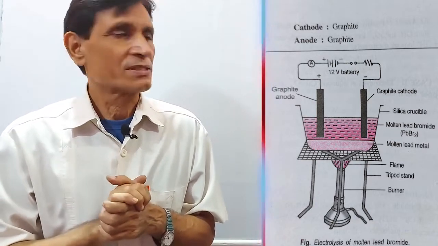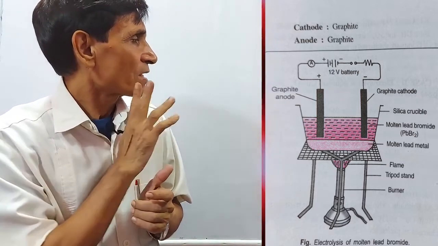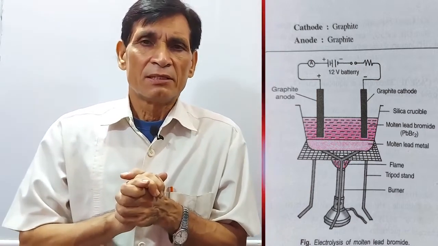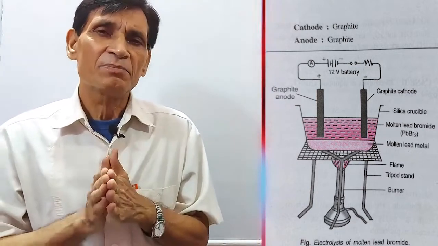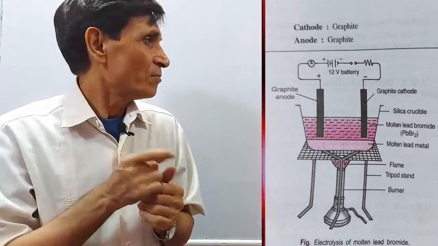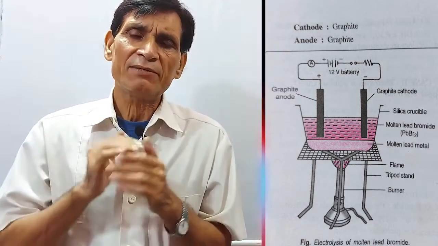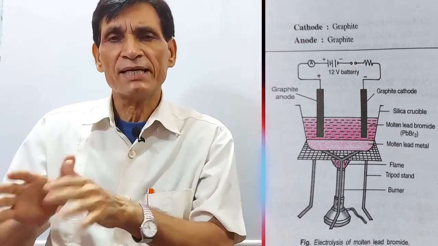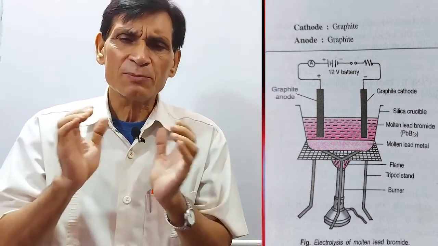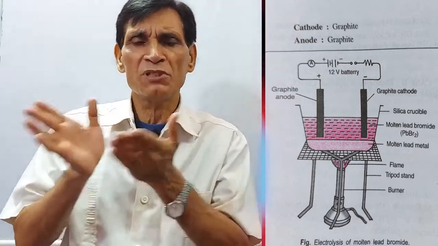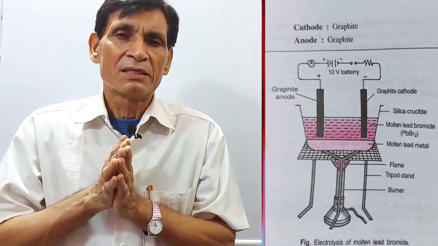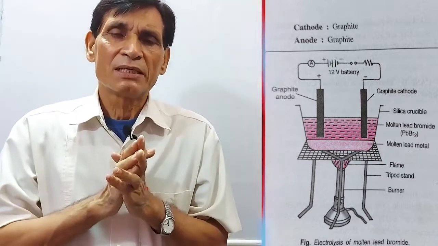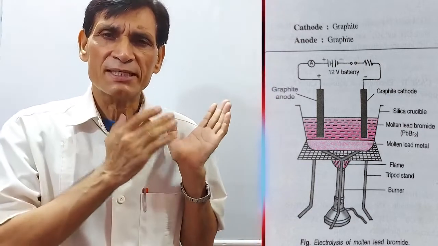Now, next point, reaction at anode. Bromide ion Br-, that is the anion migrated to the anode, gives an electron to the anode and changes from bromide ion to bromine atoms. Two of these bromine atoms combine to form a bromine molecule, and these bromine molecules produced at the anode are observed as reddish brown bromine vapor.